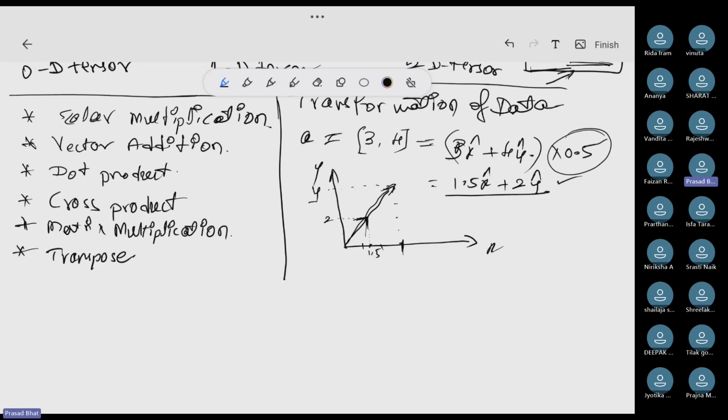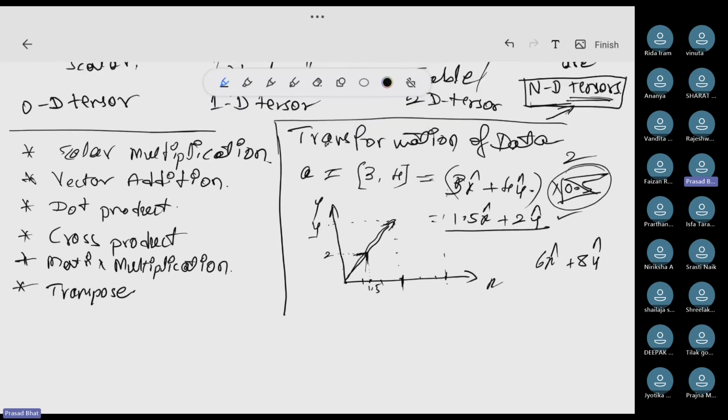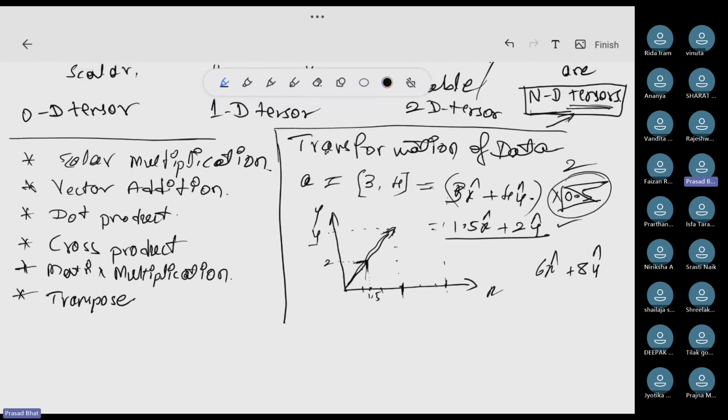If I multiply with, say for example, 2 instead of 0.5, the 3x cap plus 4y cap is going to become 6x cap plus 8y cap, correct? And then it is going to be somewhere around here, and from 4 it is going to rise up to some higher point. The vector is going to look something like this. Can you make sense of it?